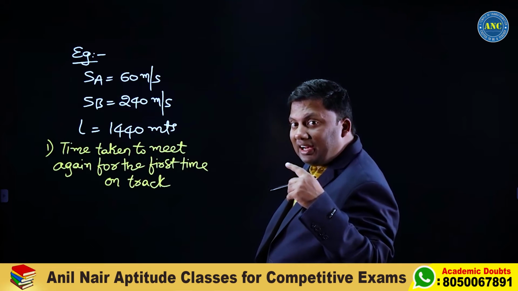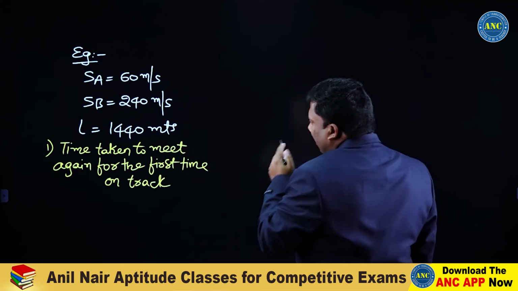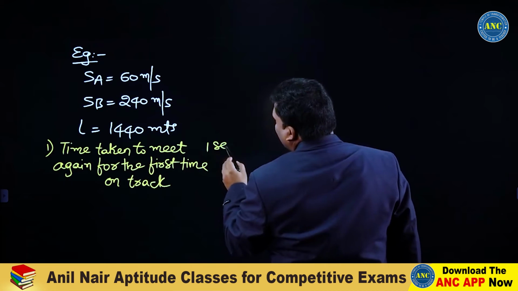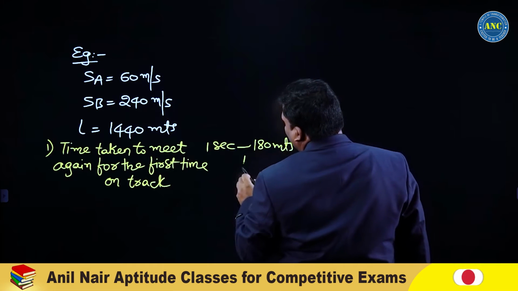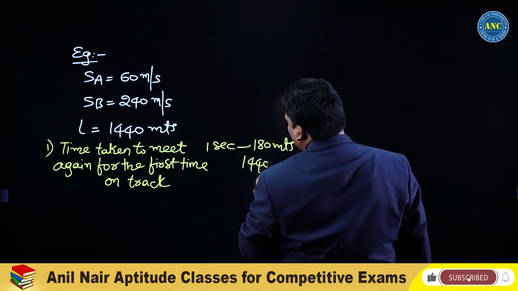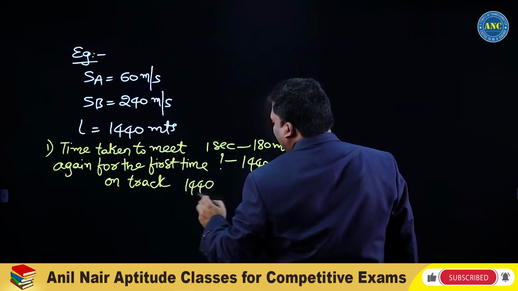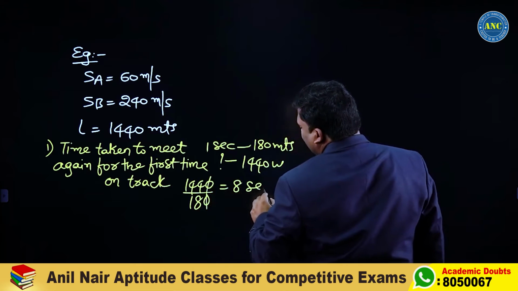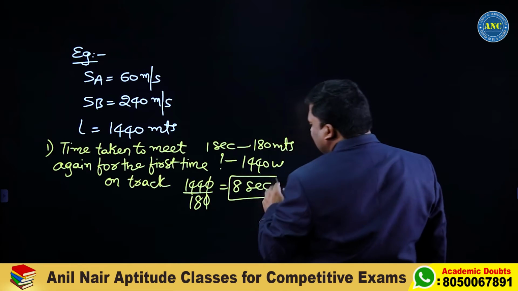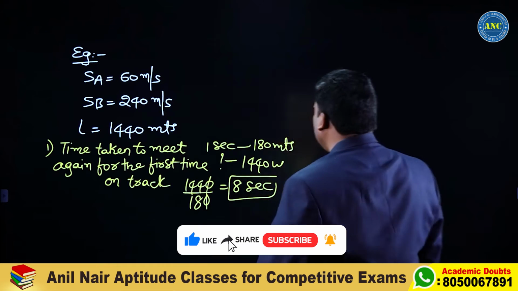B has taken a lead of 180 meters over A, but I need a lead of 1440 meters. Answer will be 1440 by 180, which is 8. That means they will meet after 8 seconds. First question is clear.